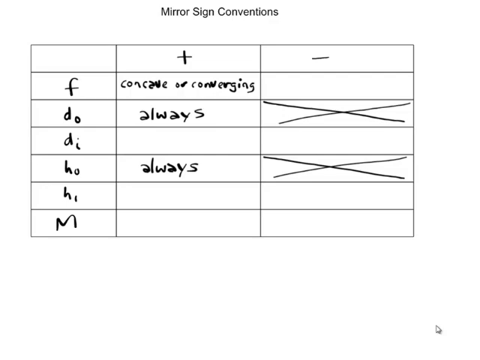If it's negative, it means it's a convex, aka diverging mirror. So the sign tells you what type of mirror. The object distance, always positive. The image distance tells you a couple things. If it's a positive image distance, that means that it is real. We call the positive the real side of the mirror. So that's a real image.